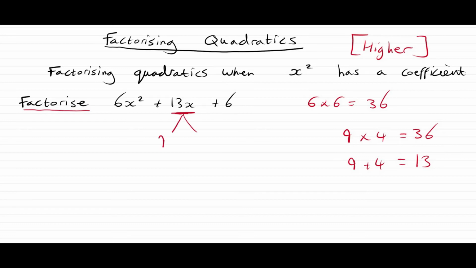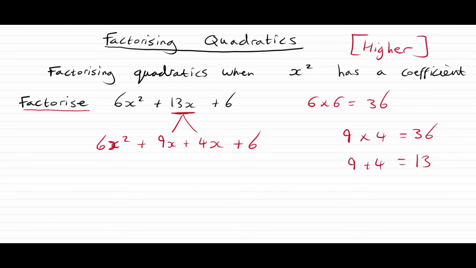We're going to have a 9x here plus a 4x here. We've got a plus 6 at the end and a 6x squared at the beginning. Let's write that in. It doesn't really matter whether you do the 4x first and the 9x after, but it's important to split this like this because you're going to see why in a second.